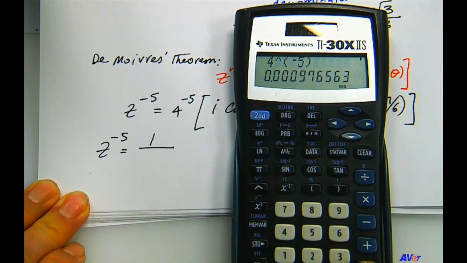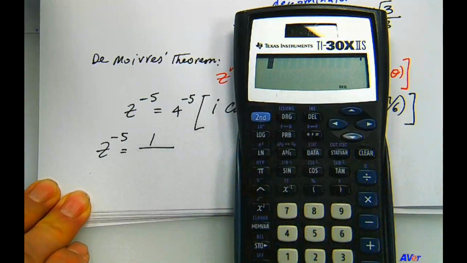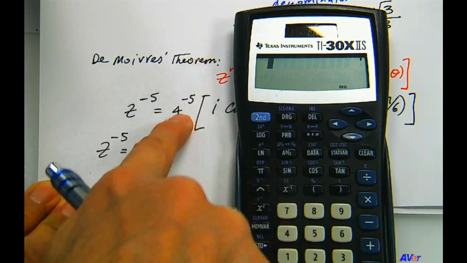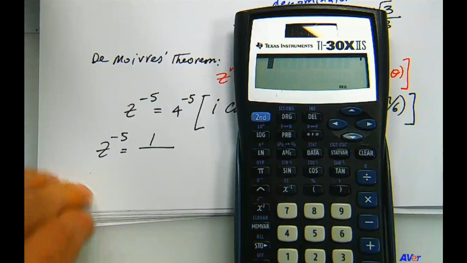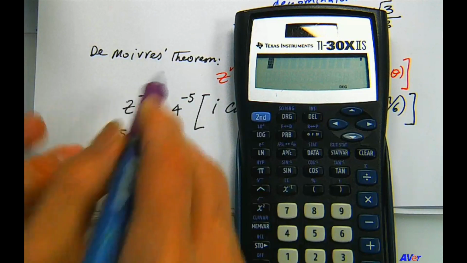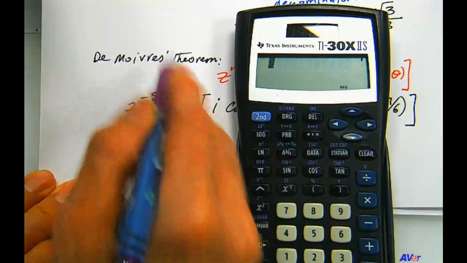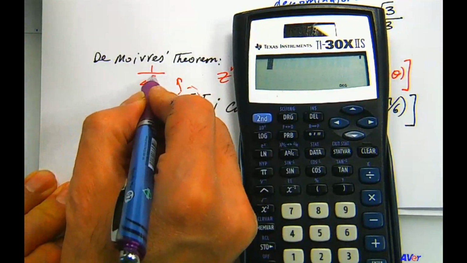Do I want to do that? No, it's going to give me a decimal. I don't want to write in decimal. I want to keep things in exact form. Because this is 1 over that, this quantity is 1 over 4 to the 5th power.